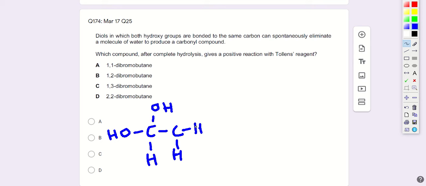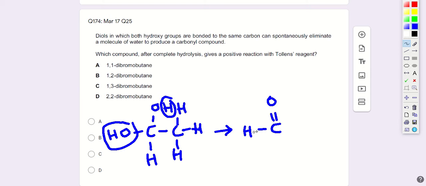Then, very spontaneously, this OH group will be removed, this H will be removed, and at the end, we get a carbonyl compound. Sorry, a CH3 here. Okay, so something like this will happen. So a carbonyl compound is formed. That carbonyl compound can be aldehyde, can be ketone.